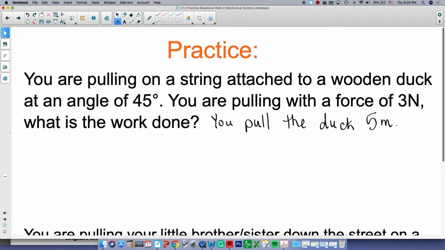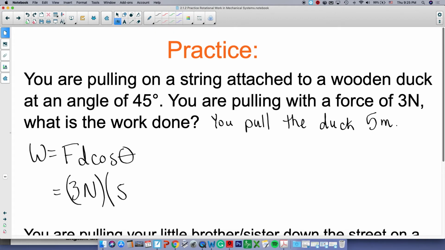All right, so we're pulling that wooden duck. Work equals F d cosine theta. So we have a force we're pulling with, 3 newtons. We have a distance that I had to add, so we're pulling the thing 5 meters.